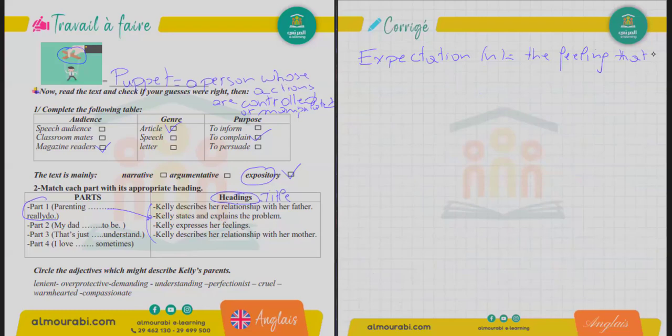So if you do have an expectation about someone, it's the feeling that good things will happen, all right, in the future.